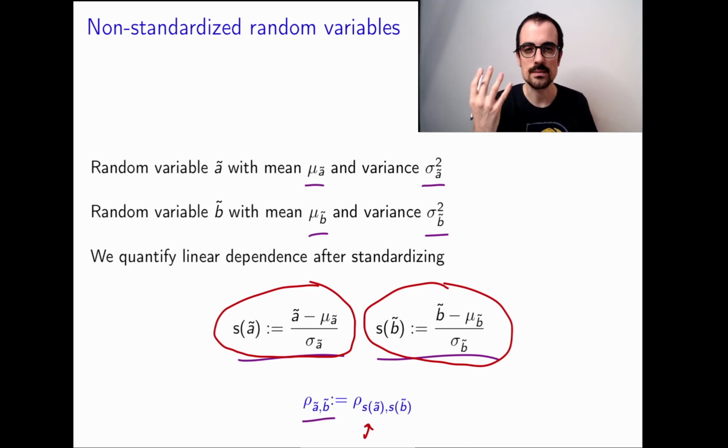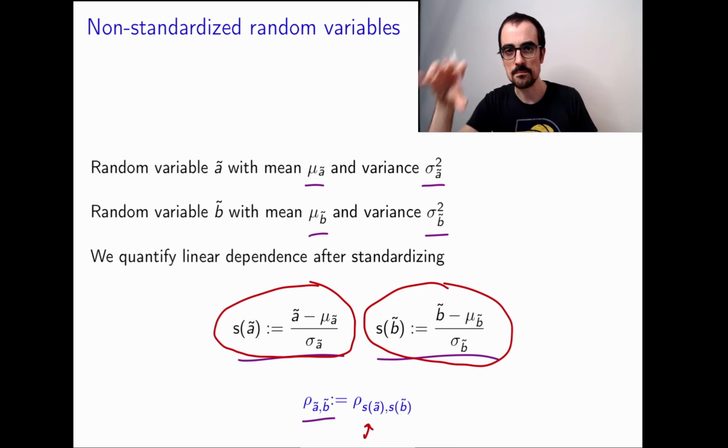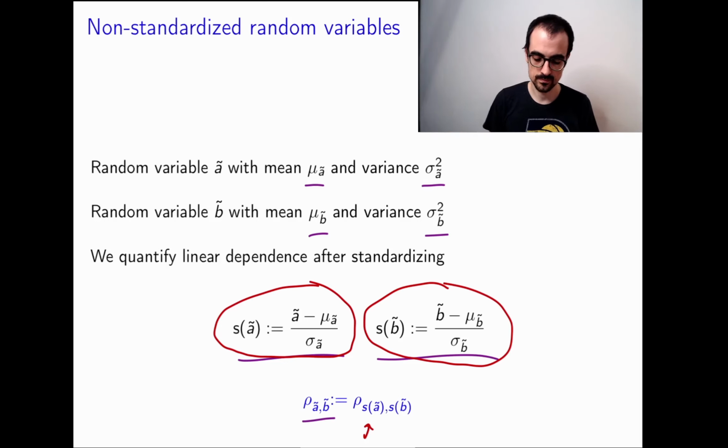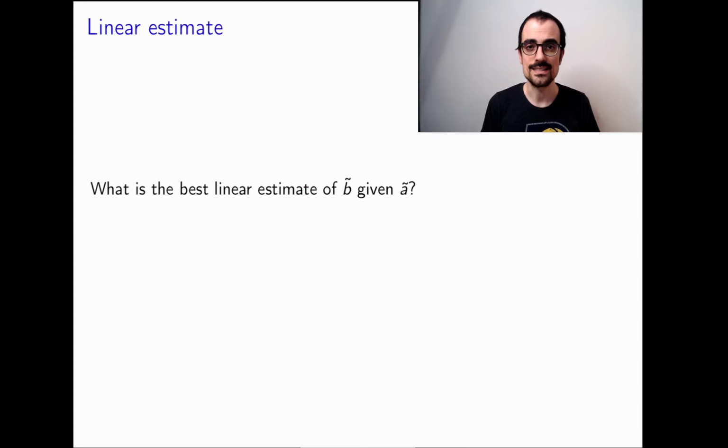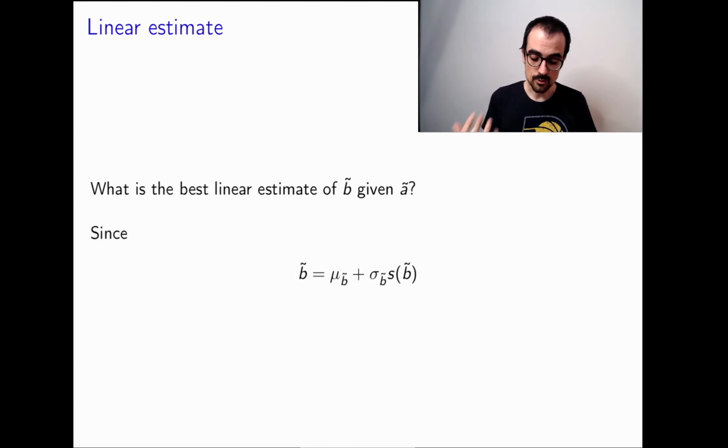Now we're going to think about how this translates to estimating B from A. So what is the best linear estimate of B given A? We can actually write B in terms of its standardized counterpart, S of B. All we need to do is scale by the standard deviation and add back the mean.